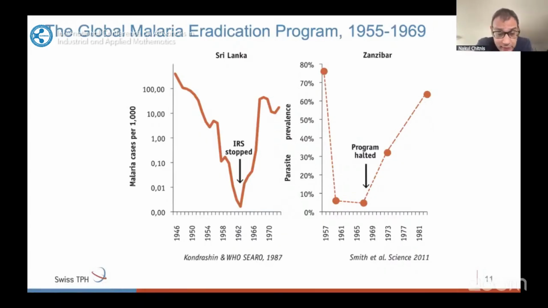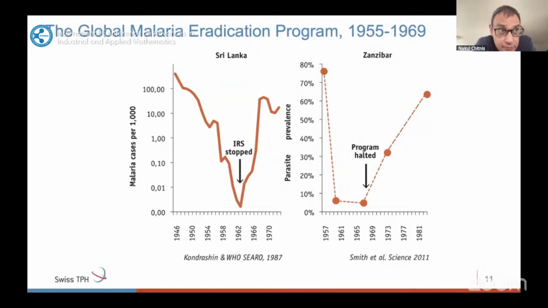So in the places where malaria was not eliminated, this was called the valley of death, where malaria transmission went down substantially, and then when the programs were halted, came back again. And since then, through the 70s until the 2000s, there was not as much done for malaria control until we discovered the use of insecticide-treated nets, had new interventions again, and from 2007 onwards, we've had a renewed push towards malaria elimination.